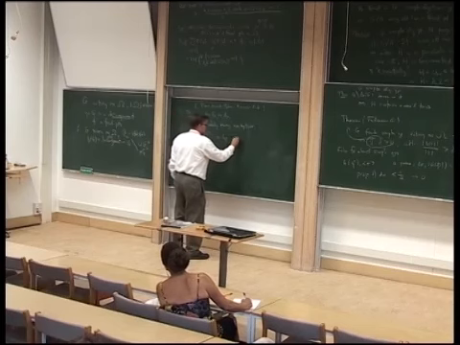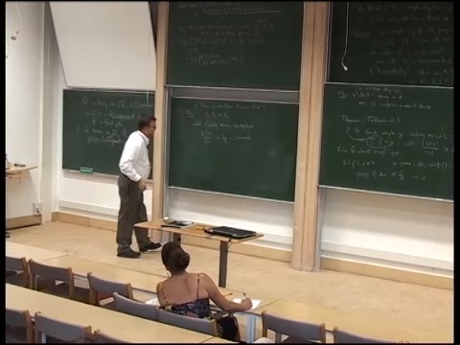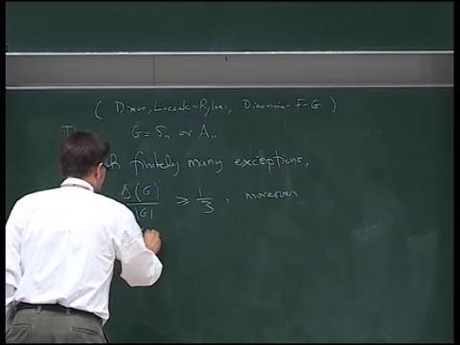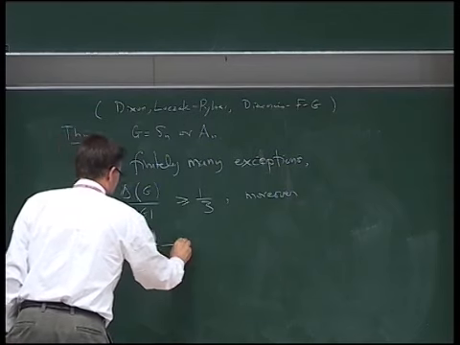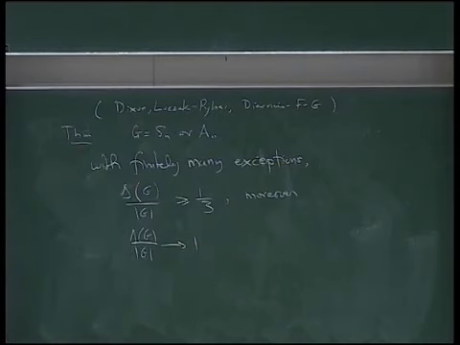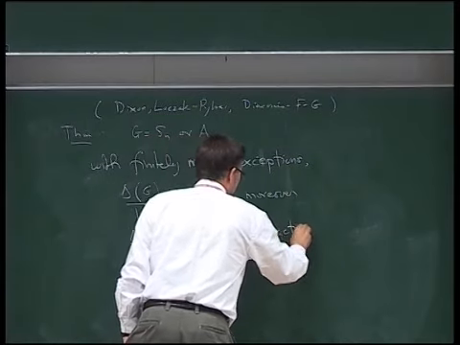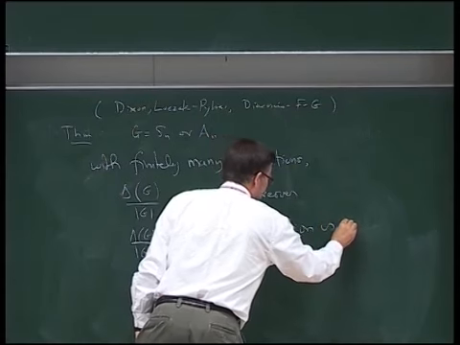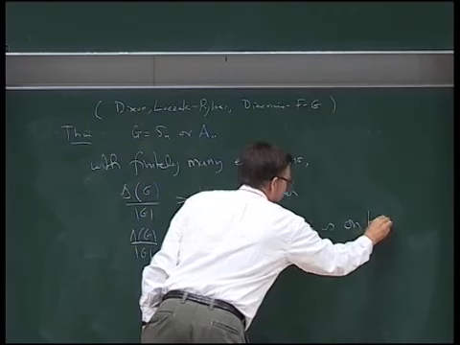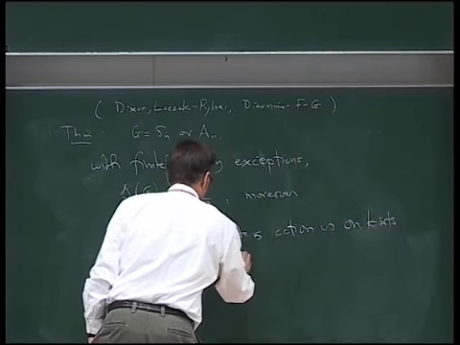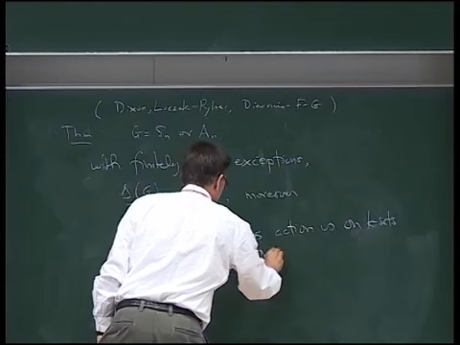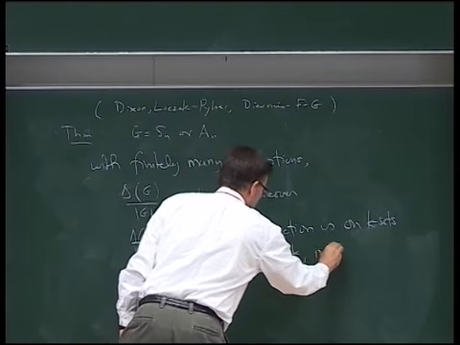And moreover, if we take a sequence, delta of G goes to 1. So most of the time, almost everything's a derangement, unless the action, I'm being a little sloppy here, is on k-sets for fixed k, as n goes to infinity.